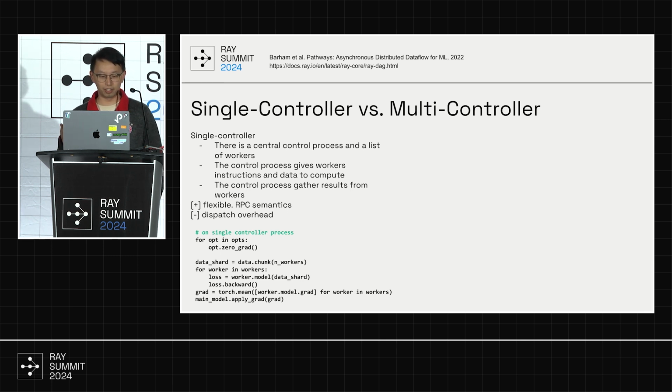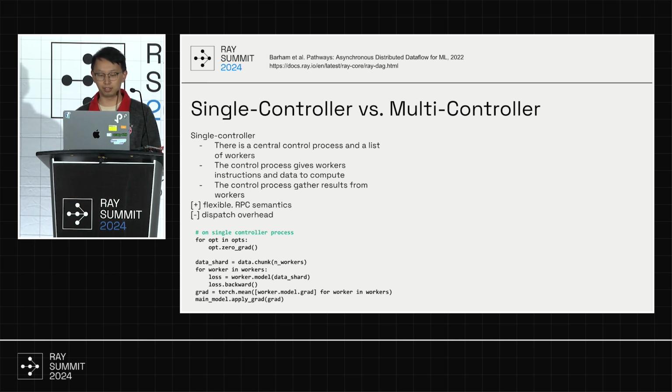Here's an example, which is actually very similar to RLlib. Suppose I have a single process controller, and a bunch of optimizers and workers to play with. To do one gradient optimization, the single controller first gives instructions to all of the workers to set the optimizer gradient to zero.